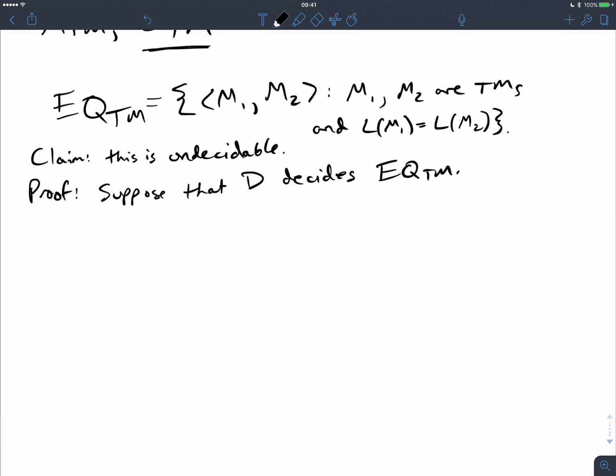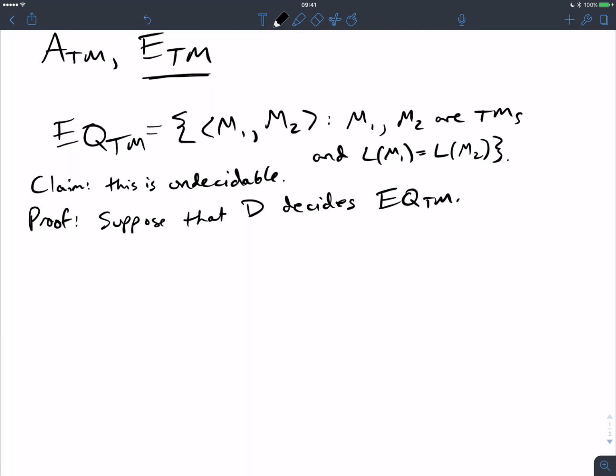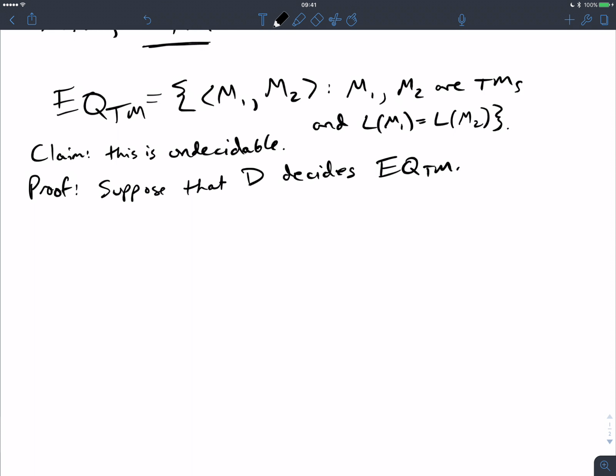And then now what do I got to do? Well, show it's not possible by doing what? Yeah, I need to make a machine that now supposedly can decide ETM. The thing I already know is undecidable. But obviously there's no decider for ETM, so that'll contradict my assumption.